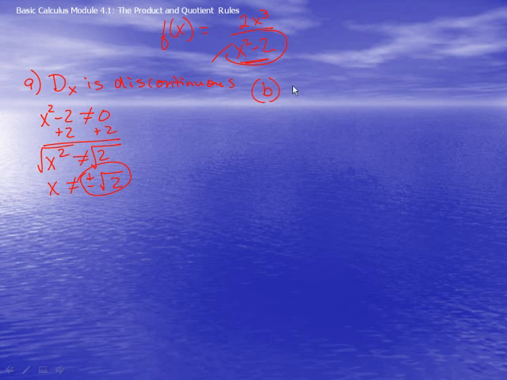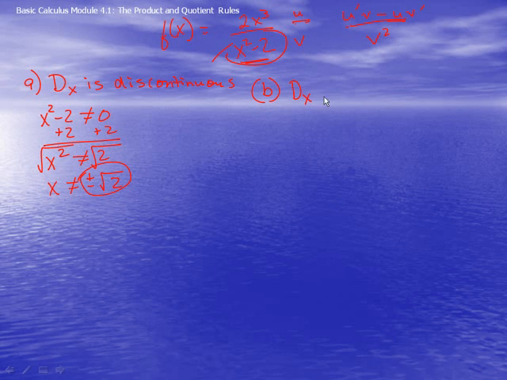Part B, we need to find d of x. Alright, so in order to take the derivative, we're going to let the top be u and the bottom be v. And we're going to remember that u prime v minus u v prime over v squared is how we take the derivative using the quotient rule.